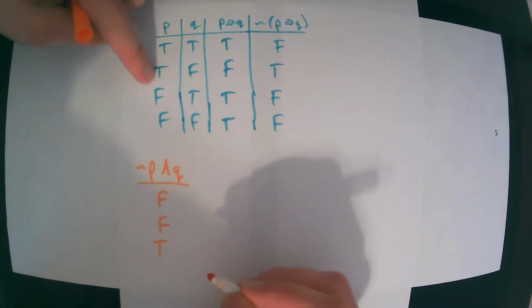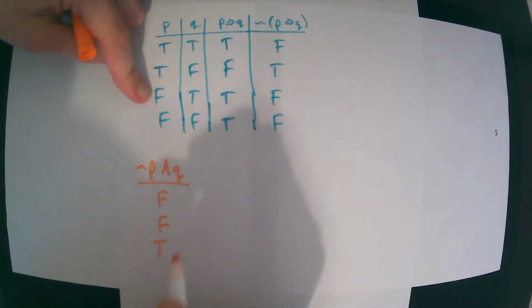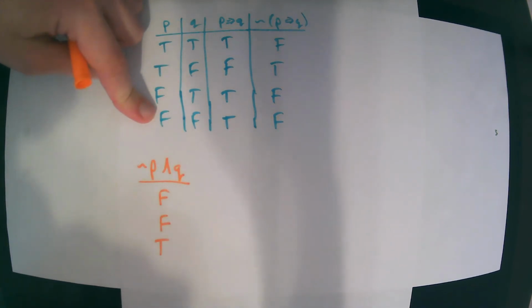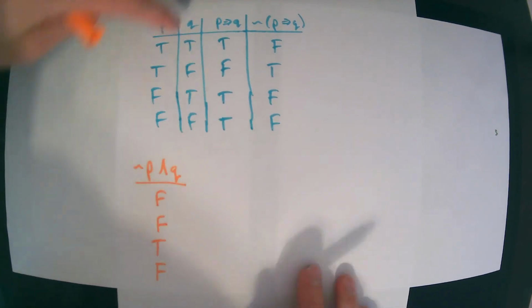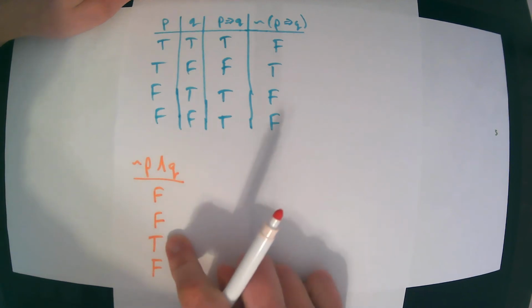See, I'm negating P as I go along. Maybe it's a little tricky. Maybe you should draw a column that has P negated, but I'm doing it all at once here. So I'm going to read this one as true, false, and that would be false. So that's very close to this. It's just these are mixed up.